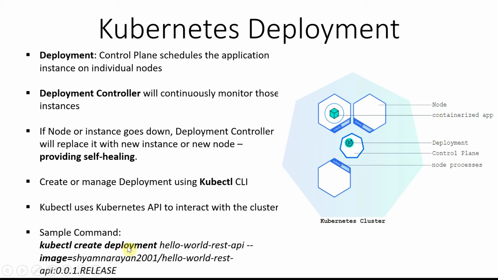If you look at the command kubectl create deployment, this is what we already ran in the demo last week. kubectl create deployment, followed by your deployment name, hello world REST API, and your image. In the olden days, you would give a deployable unit in terms of a jar or an exe file or binary file. But in Kubernetes, everything is a Docker image.